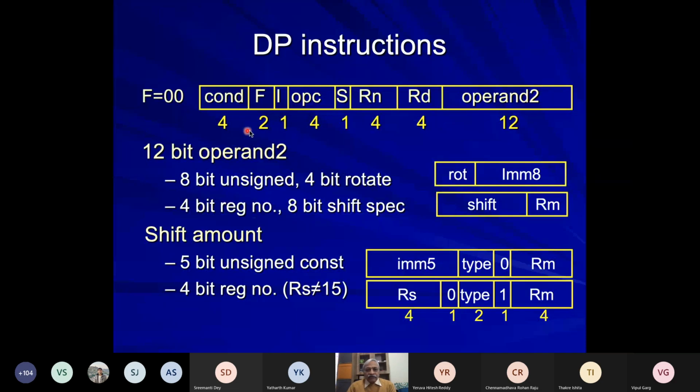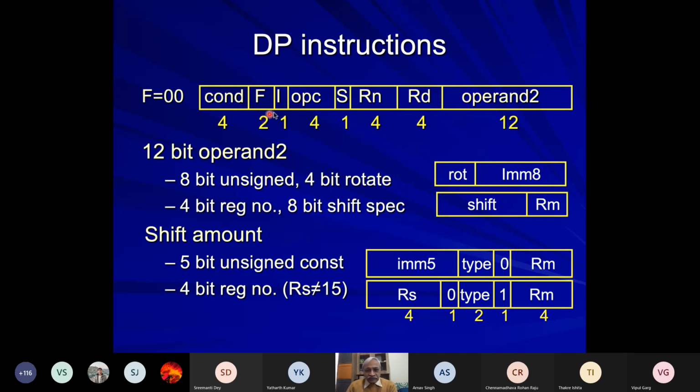Particularly this field of 2 bits is important. This basically represents F, which stands for format. So for DP instruction, the F field is 00. It's 00 for some other groups of instruction also, because a large number of instructions have been packed, and therefore, as we have seen, some instructions have little tedious kind of or weird kind of encoding.